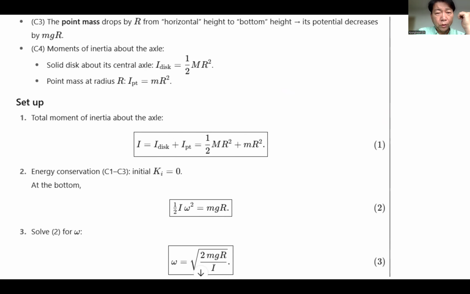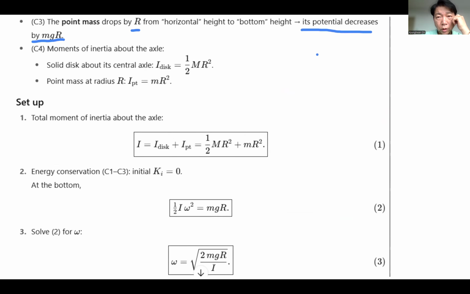So what we are concerned with is that the point mass drops by R from the horizontal height to the bottom height, so its potential energy decreases by mgR.